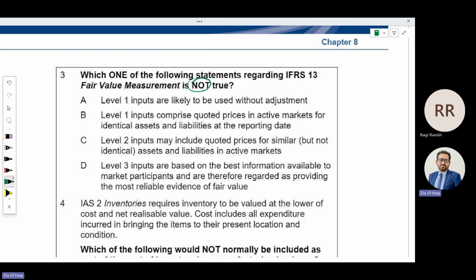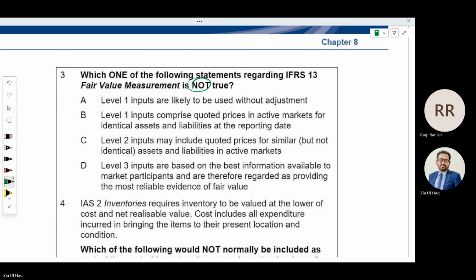Which one is not true? A, level 1 inputs are likely to be used without adjustments.